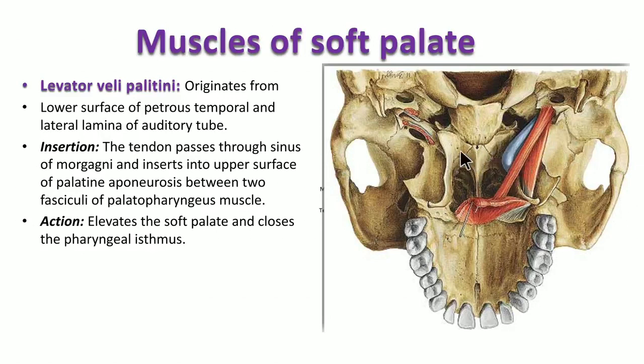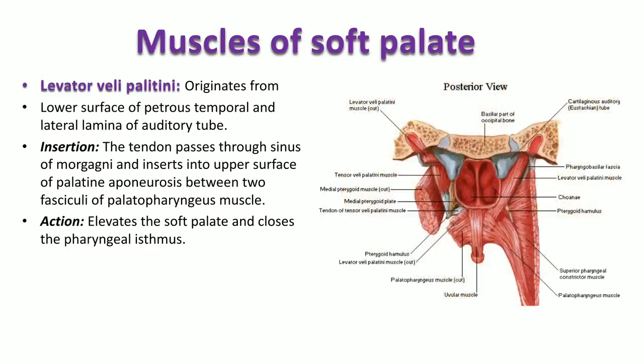The upper border of the pharynx is just closed by a membrane. So the auditory tube, levator veli palatini, and ascending palatine artery all pass through that space. The levator veli palatini and the auditory tube pass through the sinus of Morgagni and get inserted into the upper surface of the palatine aponeurosis, in between the anterior and posterior fasciculus of the palatopharyngeus muscle. So it mainly elevates the palate.